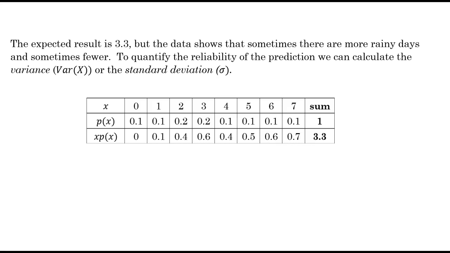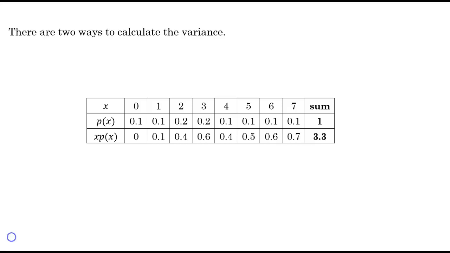But in this case, it's spread out from 0 to 7. So we want to determine how much variability there is, the reliability of my expected value or mean. And the variance and standard deviation give us a measure of that.